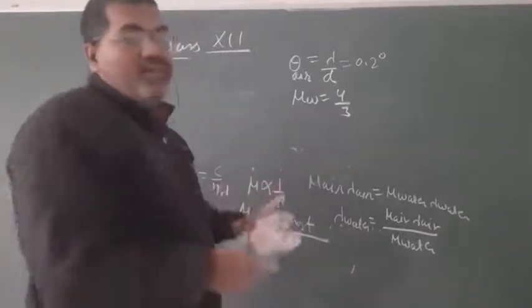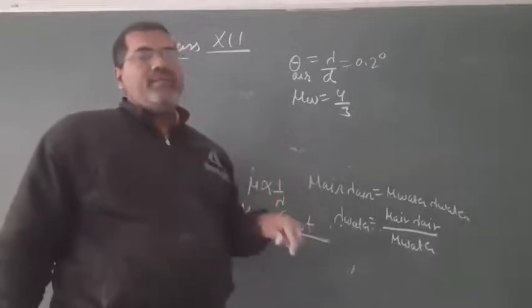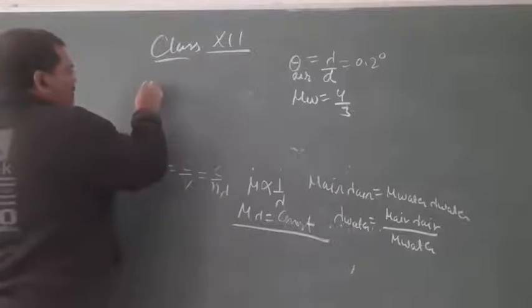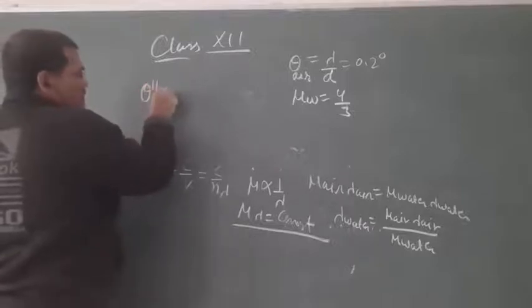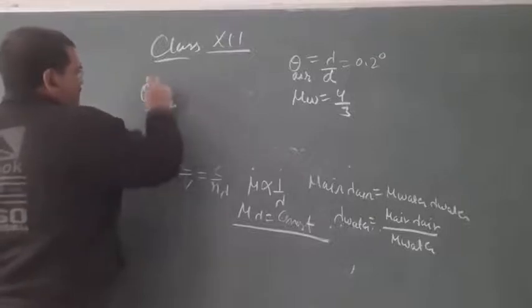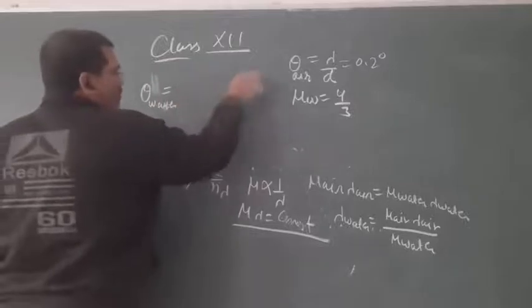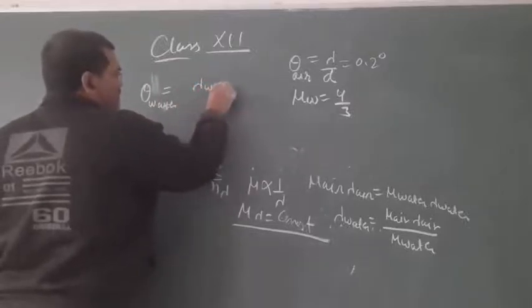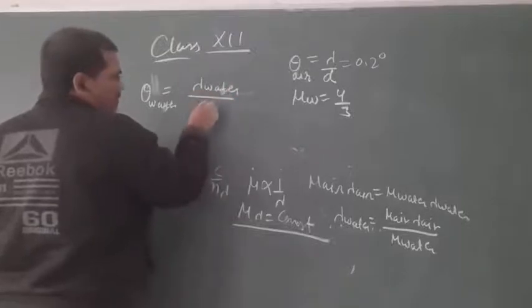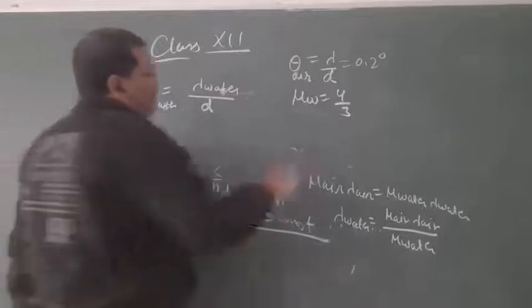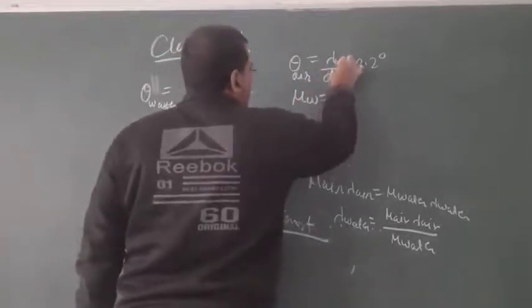So the fringe width in water, when the YDSE setup is immersed in water, say theta double dash, this is the fringe width in water, theta water, let's say, is lambda water upon D, and D is the same for both media.